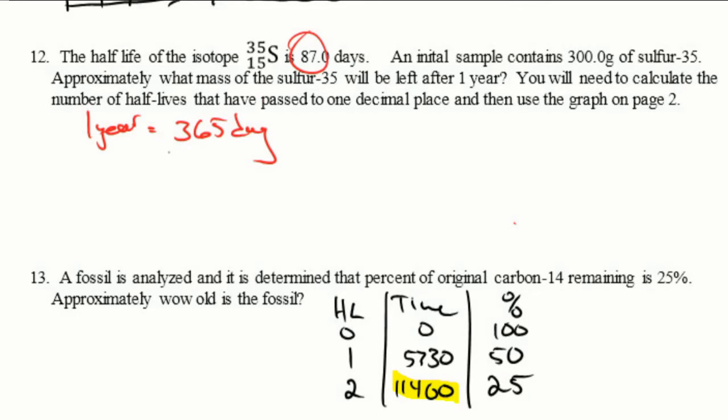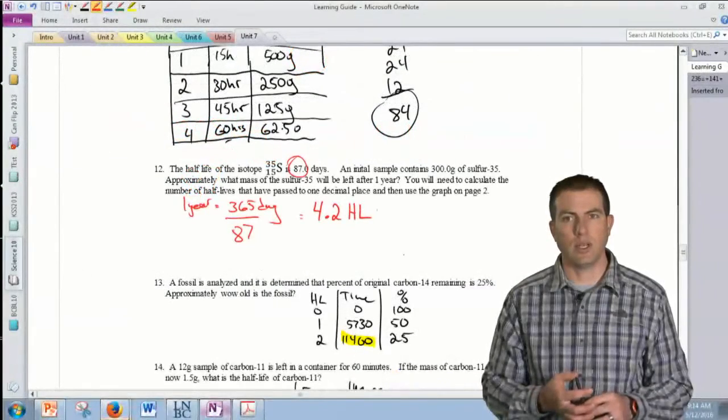So I'm going to see how many times 87 goes into 365. So if I take 365 divided by 87, that is 4.19, let's just call it 4.2 half-lives. So that means our sample is going to go through 4.2 half-lives.